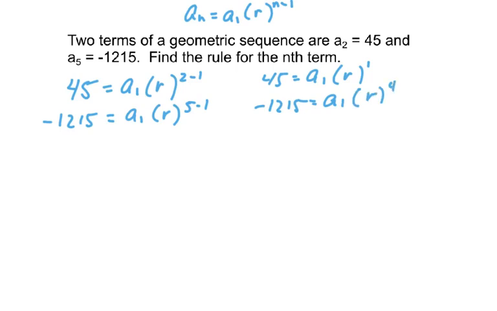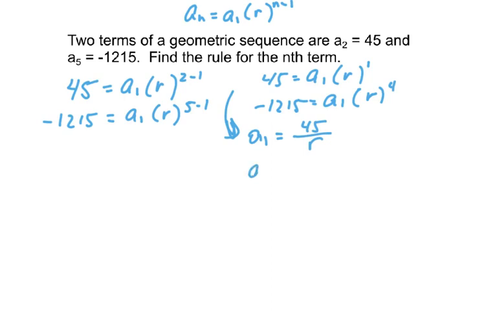So if we could solve both of these for a sub 1, then we can set them equal to each other to solve for r and then back substitute. Because if a thing is equal to two other things, those two things must be equal to each other. So that means that a sub 1 from our first equation, a sub 1 equals 45 divided by r.